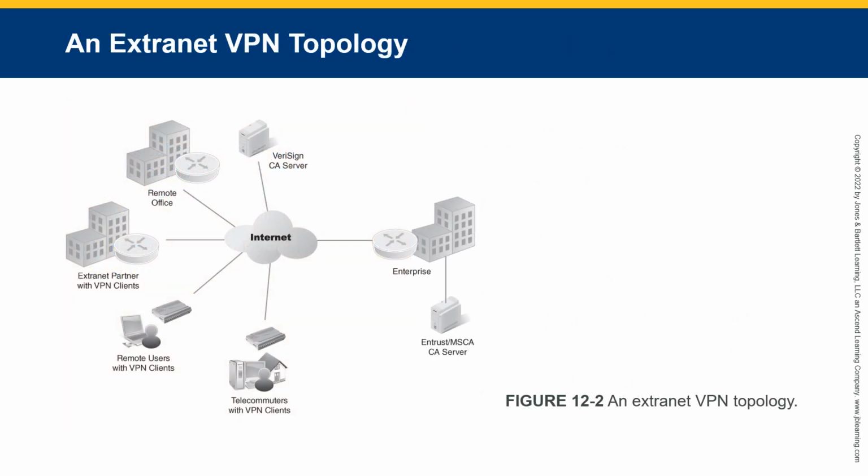Now here's a picture of an extranet VPN technology. You have the internet there, your certificate server, your remote offices, your VPN clients, and your telecommuters connecting to the enterprise that way.